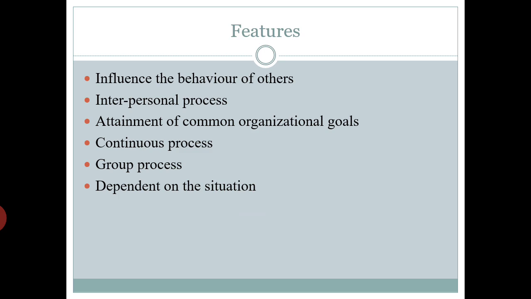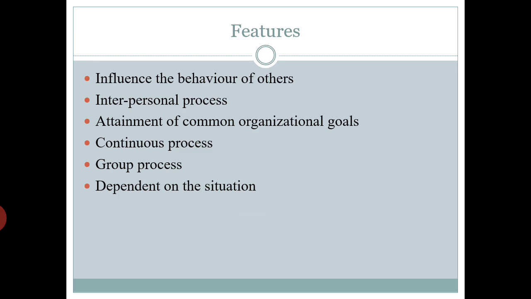Then it is a continuous process. The leadership activity is a continuous process, meaning today you influence someone, and tomorrow if you stop influencing someone, it will not be the right behavior.